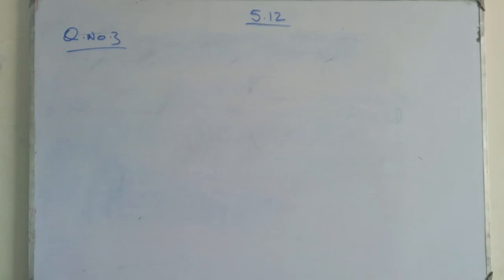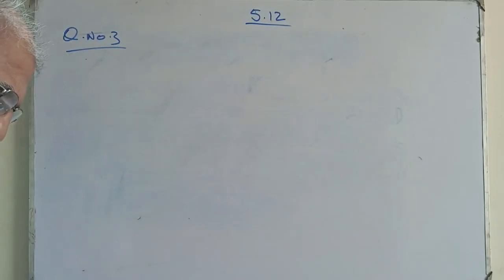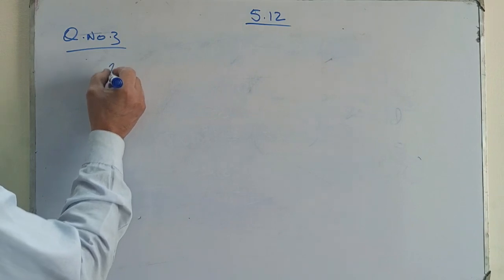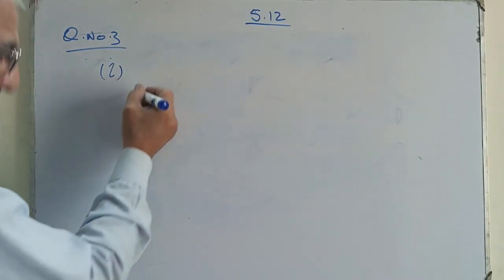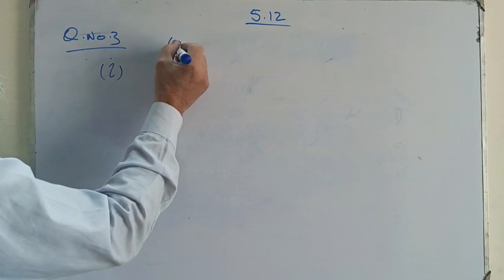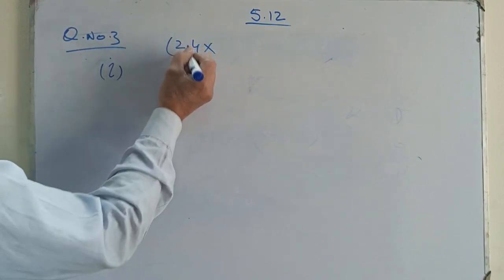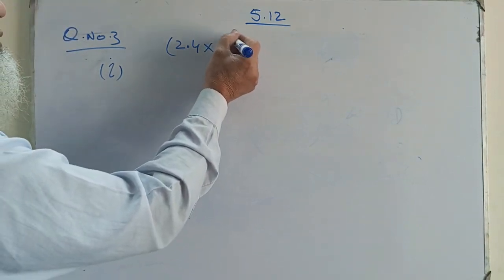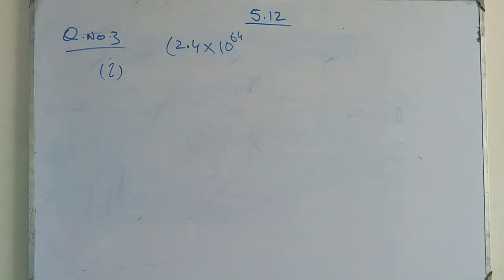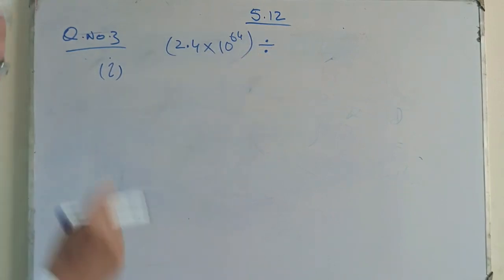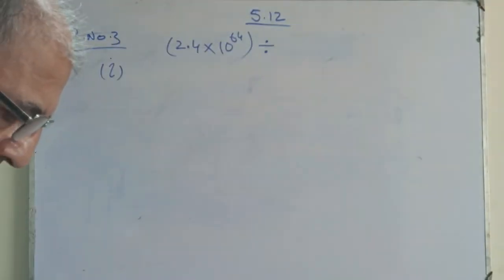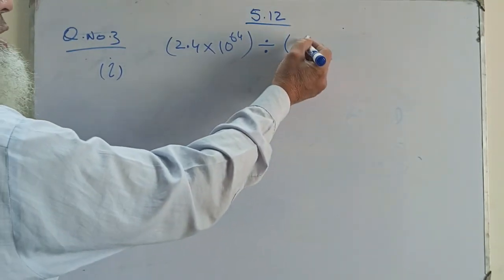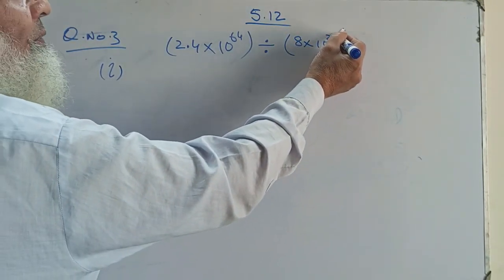There is a question with a very high number, that is part I, and it is 2.4 multiplied by 10 raised to power 64, and it is divided by 8 into 10 raised to power 21.